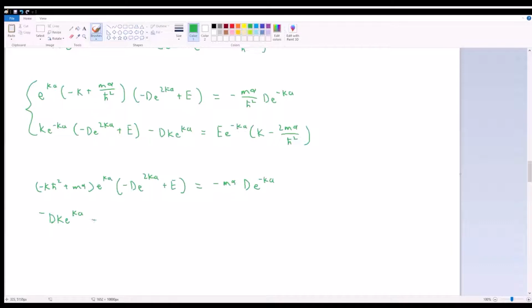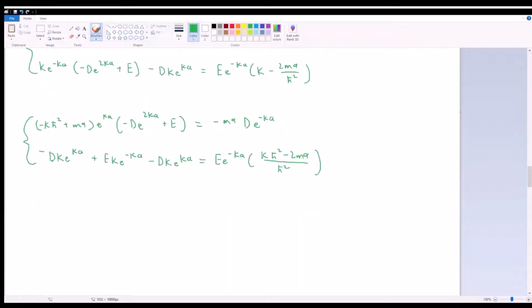Yes, and then plus Ek e^(-ka) minus Dk e^(ka) equals E times e^(-ka) times, and I'm going to combine this as well, k h bar squared minus 2m alpha, all divided by h bar squared. And this is our new set of 2 equations.